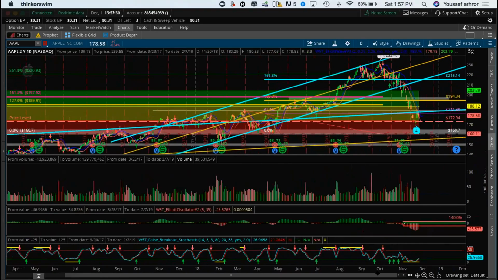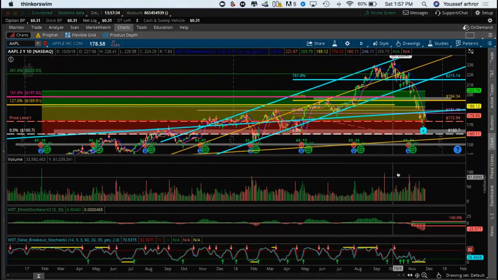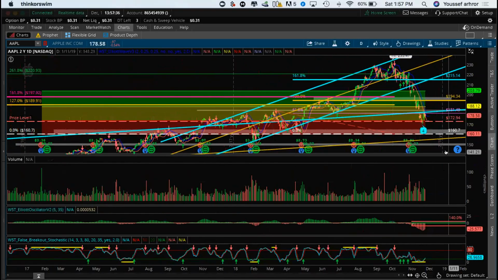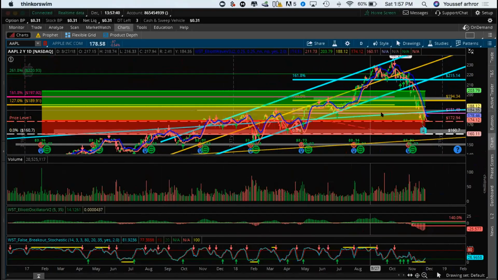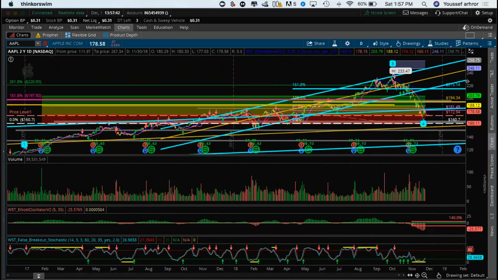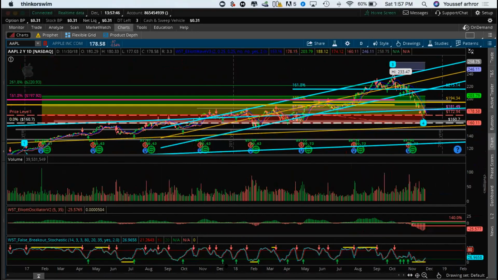Now, what we have to do is go back to the last sort of correction and compare the volume for that last correction. There is a potential fifth wave, but we've got the false bar at the bottom here.